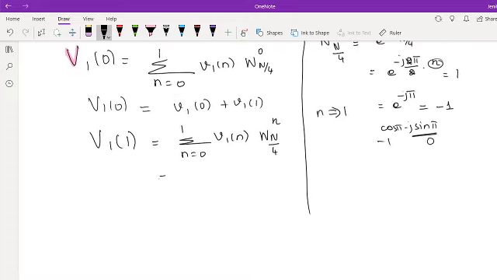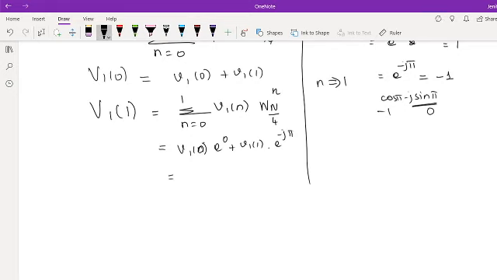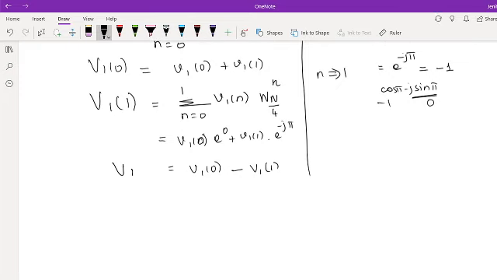So now I am going to do the elaboration. V1 of 0 into e power 0 plus V1 of 1 into e power minus j pi, since n is 1. So this is equal to V1 of 0 minus V1 of 1. Yes. So this is for V1 of 1.